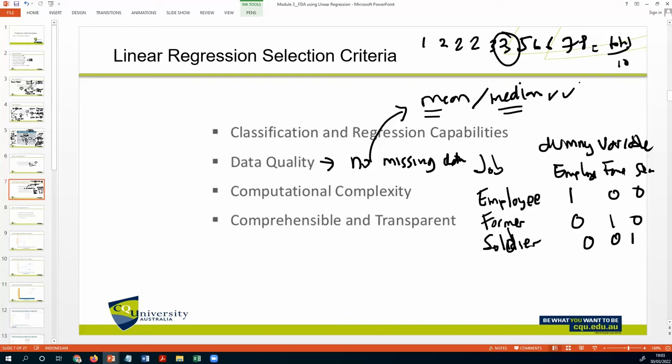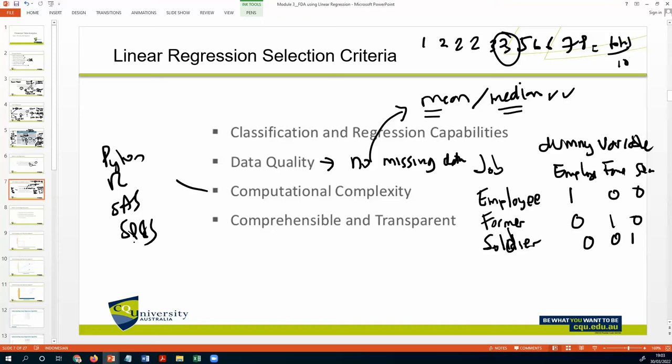Data quality. And then computational complexity. In the regression, there will be computational complexity. We can use Python, R, SAS, SPSS, a lot of computational programs to handle the regression model. And then it is comprehensive and transparent. In linear regression, there is no black box.